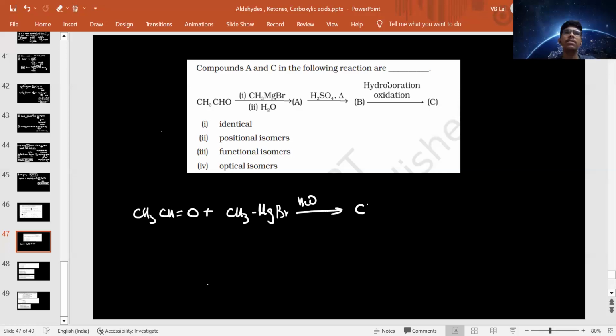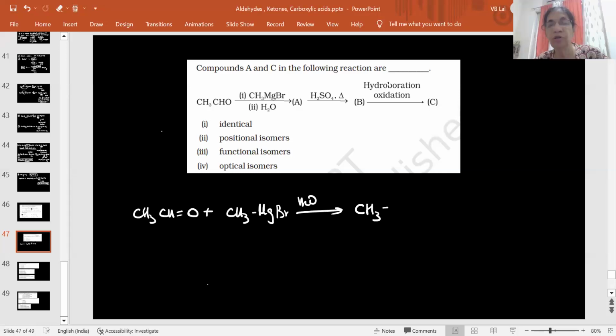Secondary alcohol. Very good. You will get the secondary alcohol, CH3CH(OH)CH2CH3. So this is A. Now, when you treat the secondary alcohol with heat with H2SO4, what will you get?